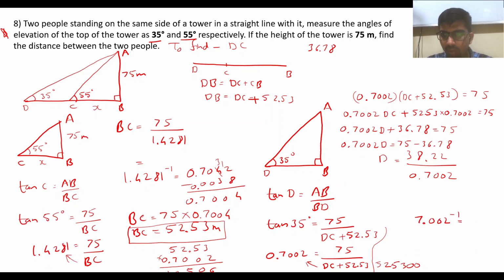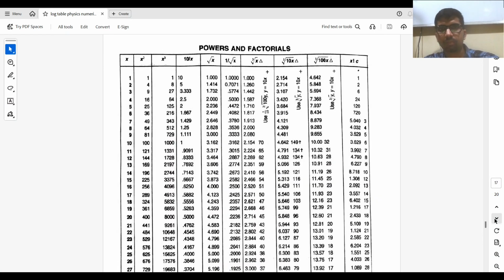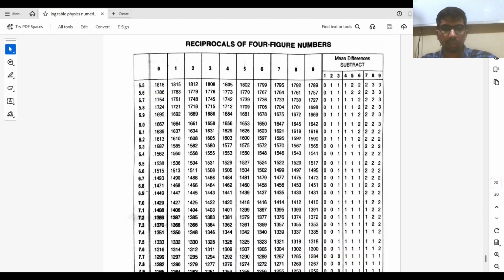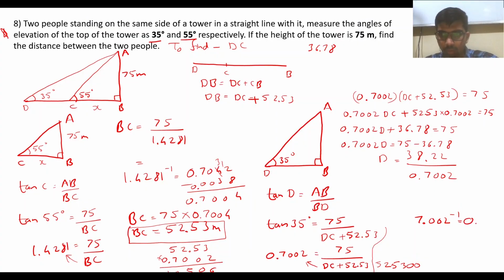Go in the reciprocal table and find the reciprocal of 7.002. 7.0 and 0, and 2. The answer is 0.1429 and nothing to be subtracted. 0.1429 is the answer we got.